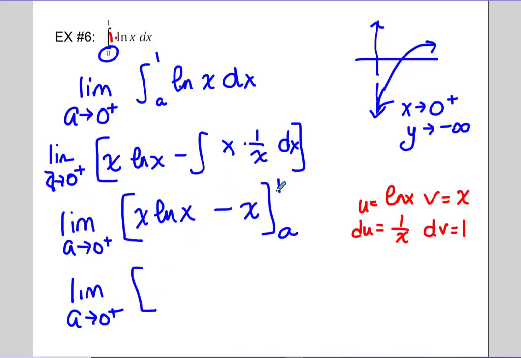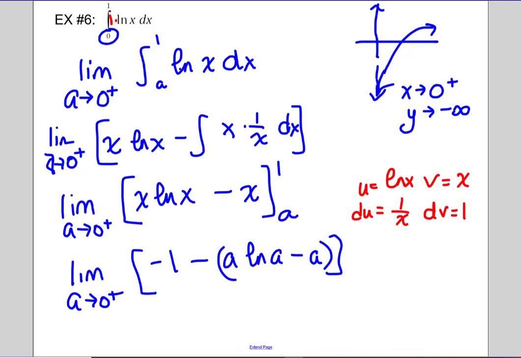So substituting 1 in here, we got 1, and then substituting a, we have a natural log of a, minus a, because this went to 0, that left negative 1, substituting a and a, and then finally taking the limit.